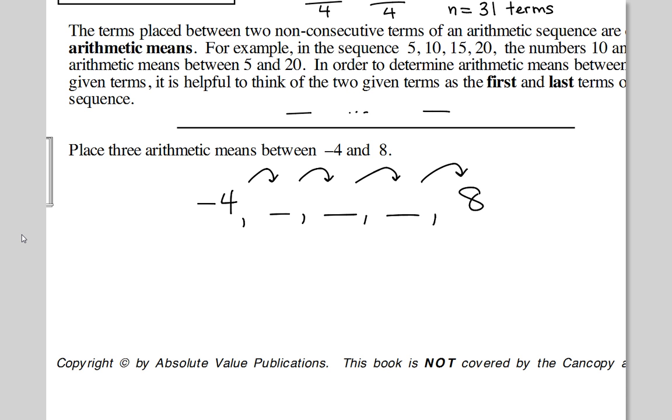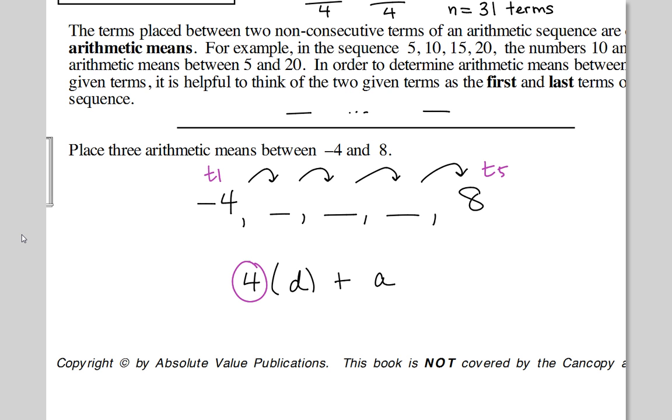So it's 4 times something, 4 times something plus that a value. Does that not look like our general term formula? It does, because how many terms are there? T1, T2, T3, T4, T5, right? And it's always 1 less.